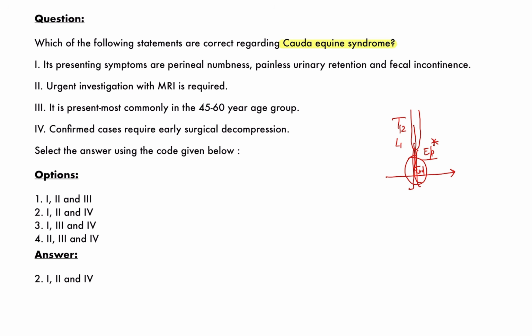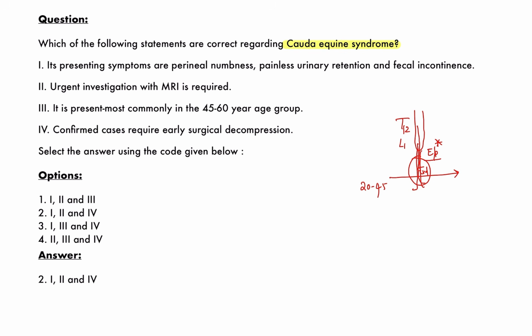So in any lumbar disc herniation, cauda equina gets affected, and usually in the 25 to 45 years age group, people present with cauda equina syndrome, and the symptoms they develop are perineal numbness. Remember, perineal numbness. They have painless urinary retention, any urinary problem, or they will also have fecal incontinence.